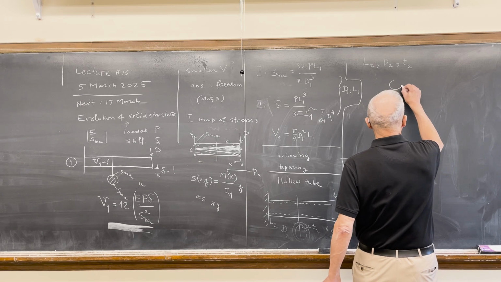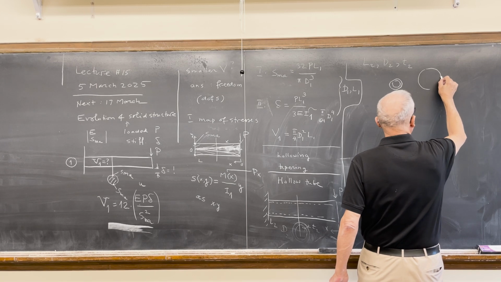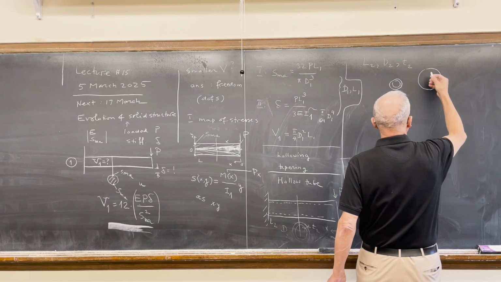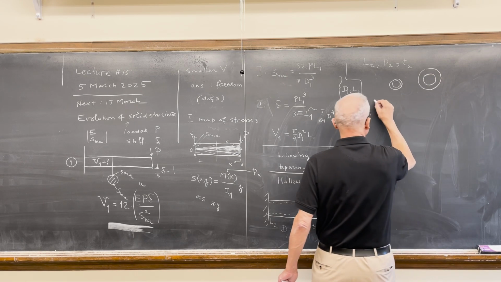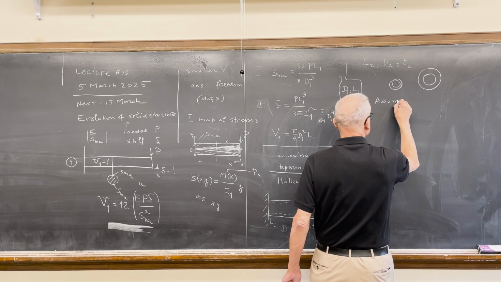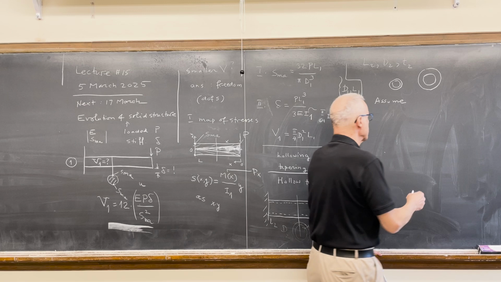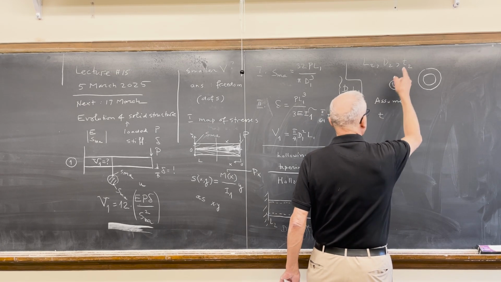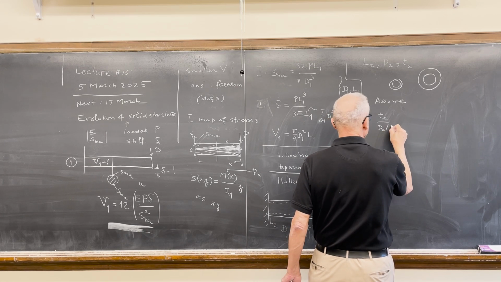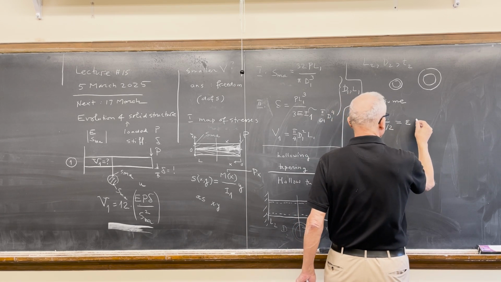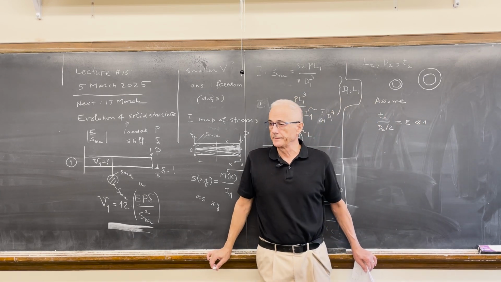In other words, if the small one looks like this, then the bigger one will be both with a bigger D and bigger T. And so we make an assumption that all cross sections, regardless of size, are geometrically similar, which means that T, in our case T2, over the radius, in our case D2/2, is a small number, epsilon, actually order of magnitude smaller than 1.